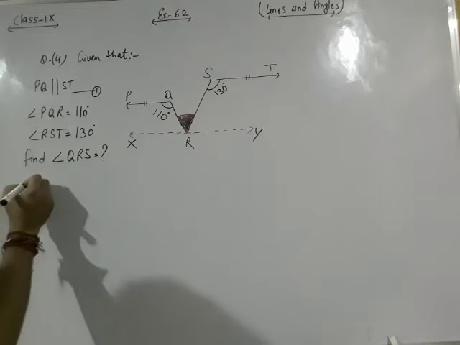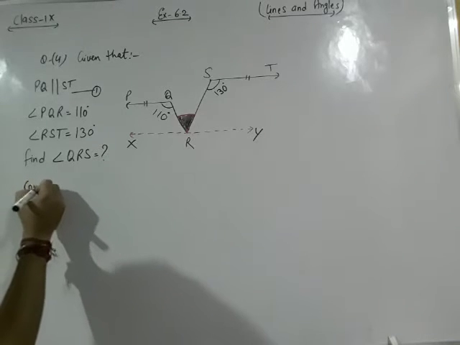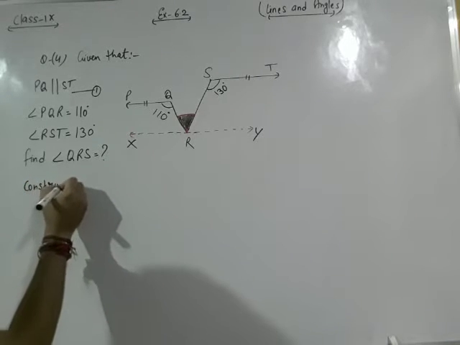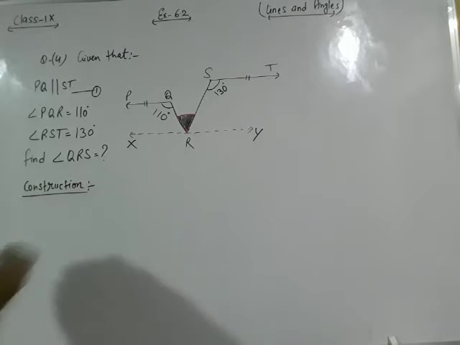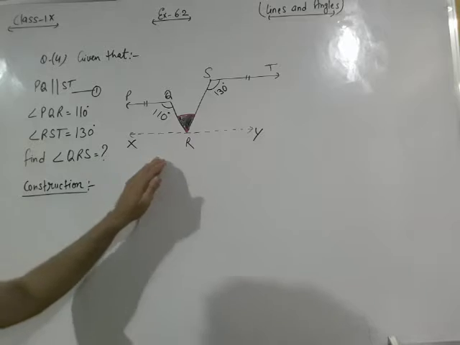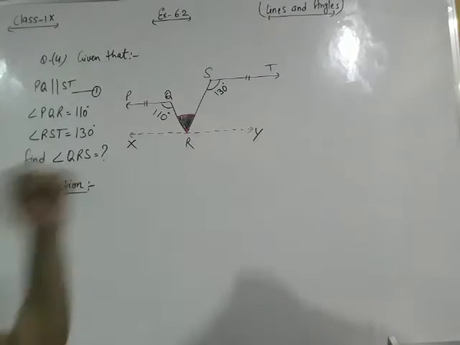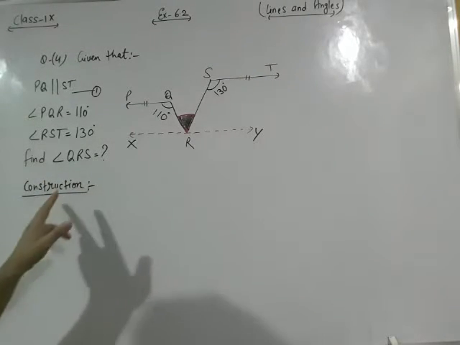So there is a construction. Here we are starting our solution. If we have to draw any line in the given diagram, then that will be a part of the construction.